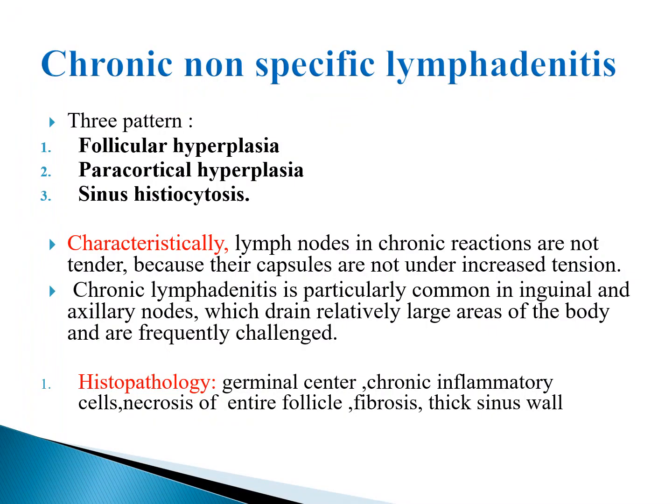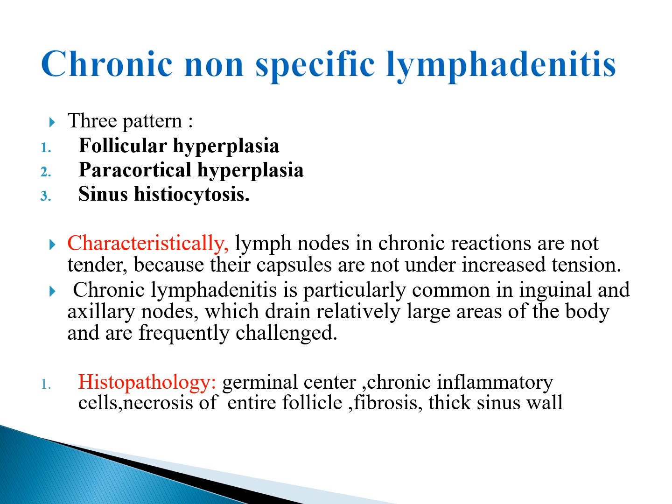Now, the chronic non-specific lymphoadenitis, 3 patterns: follicular hyperplasia, الباراكورتيكال hyperplasia, والsinus histiocytosis. Characteristically, lymph nodes in the chronic reaction are not tender, but their capsule is under increased tension.